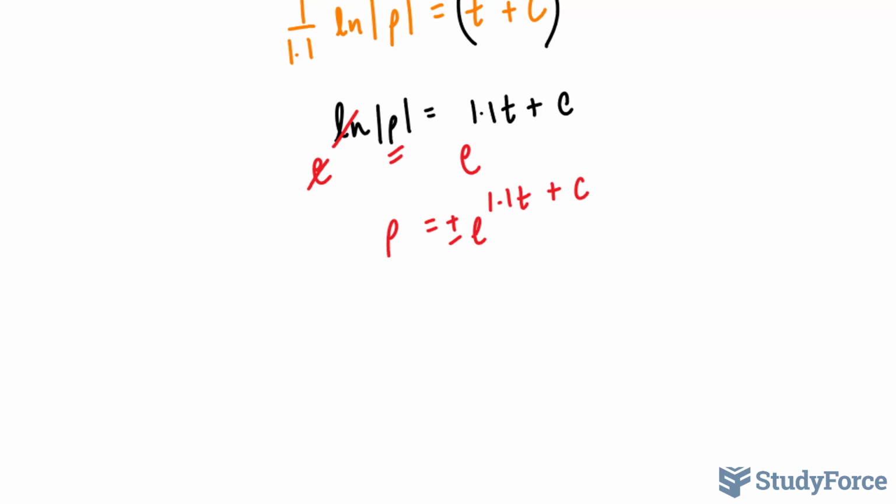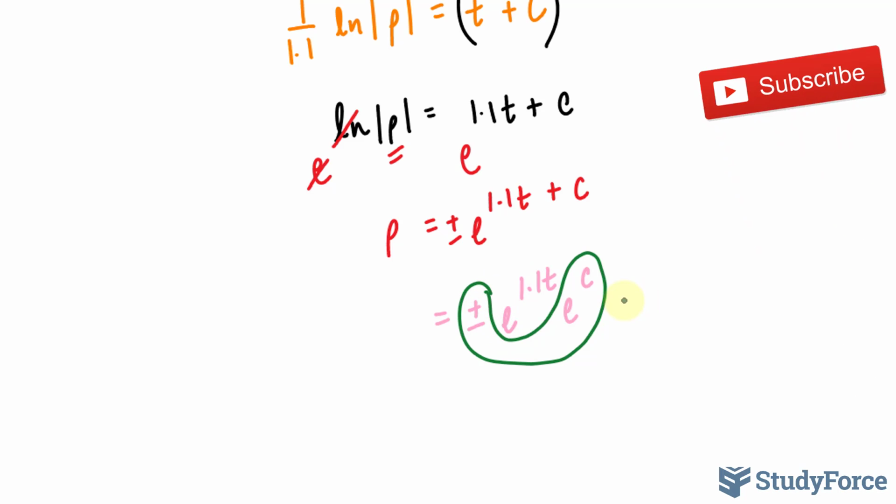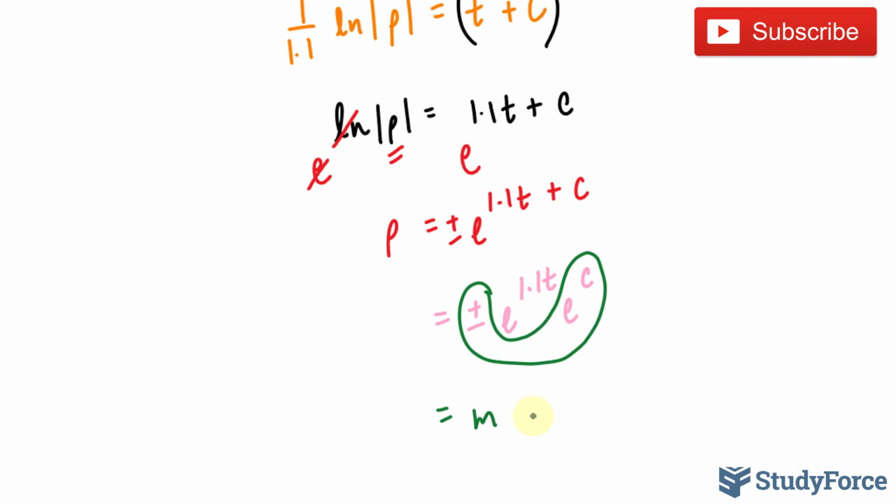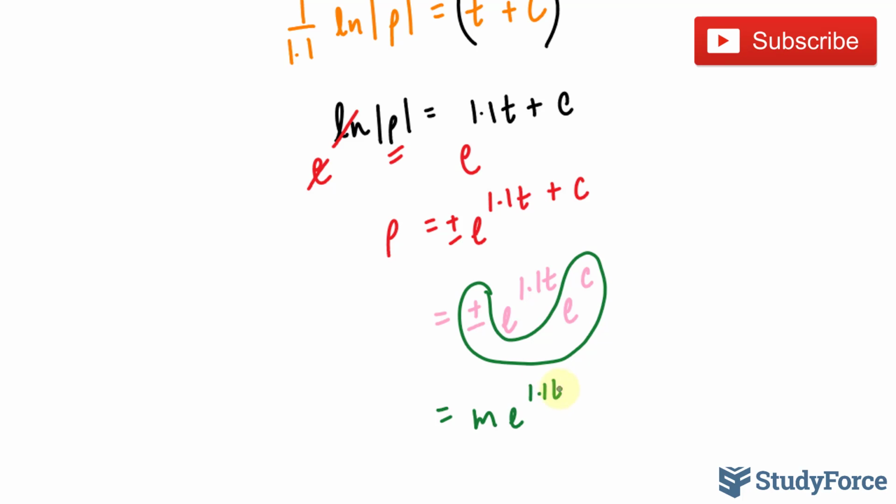Then I'll use the laws of exponents to rewrite it like this, as plus minus e to the power of 1.1 t e to the power of c, and I'll set this part of the equation as another letter. Let's call it m. m times e to the power of 1.1 t is equal to p.